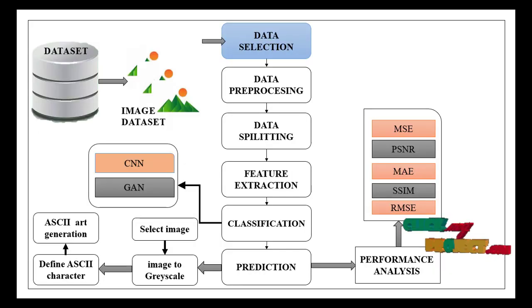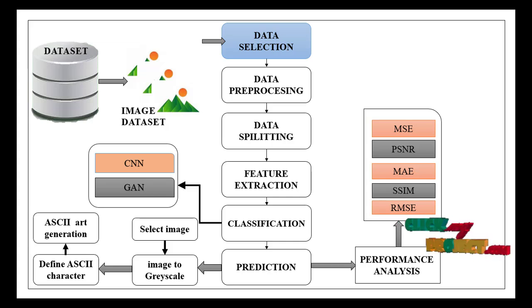This is the flow diagram. We collect the data in the data set. It's an image data set. Select the image, pre-process all the images, and split the data into training and testing data at a ratio of 8:2. Then for feature extraction and classification, we apply the algorithms CNN and SVM.